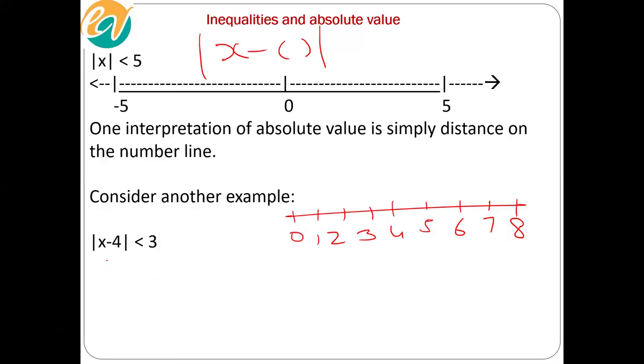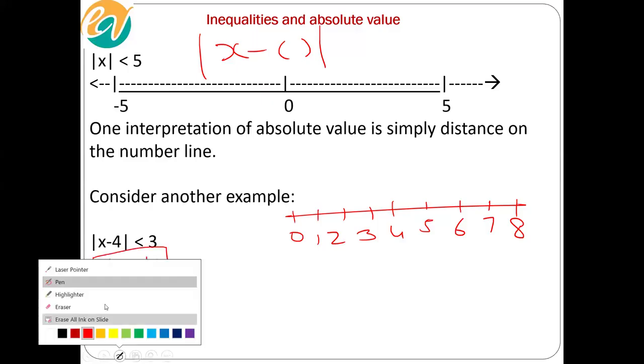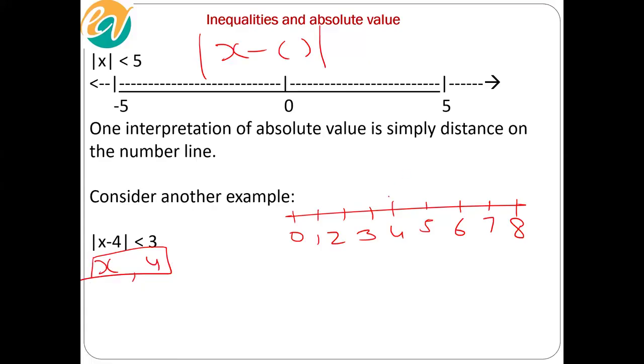Given that the distance between x and 4 on the number line has to be lesser than 3, can x be this? Yes. Why, by the way? Because the distance between x and 4 is obviously lesser than 3. So possible.